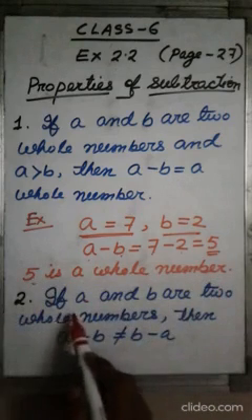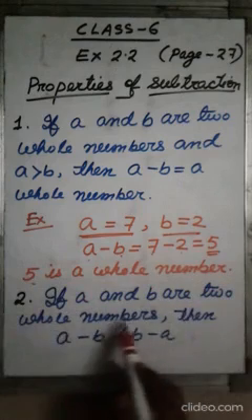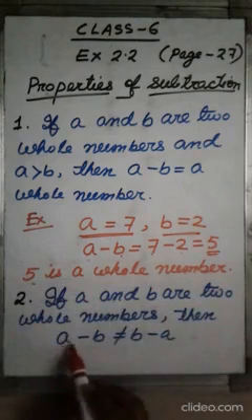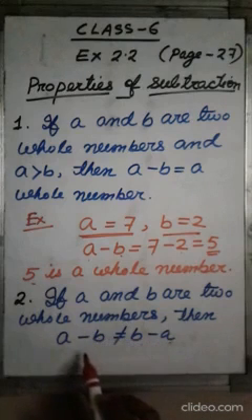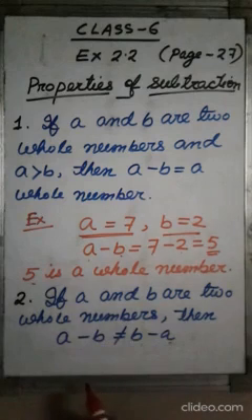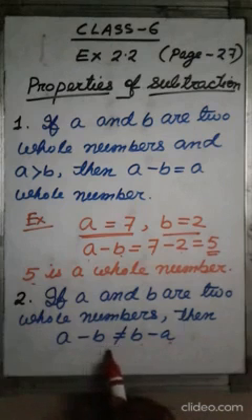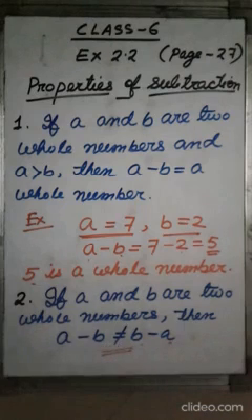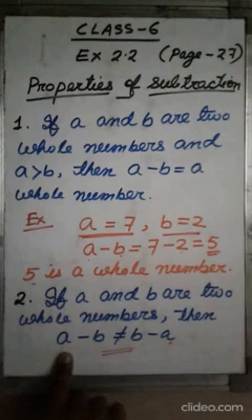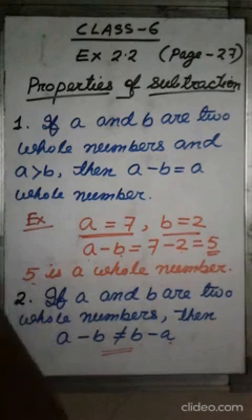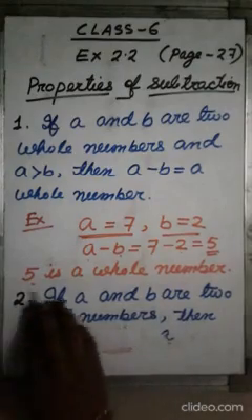Property number 2, if A and B are two whole numbers, then A minus B is not equal to B minus A. That means the commutative property doesn't hold good for subtraction in whole numbers. So if I give an example for this, suppose I have taken two whole numbers.